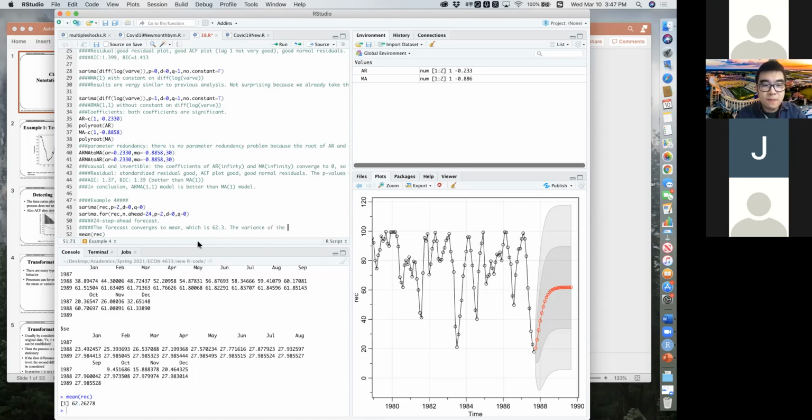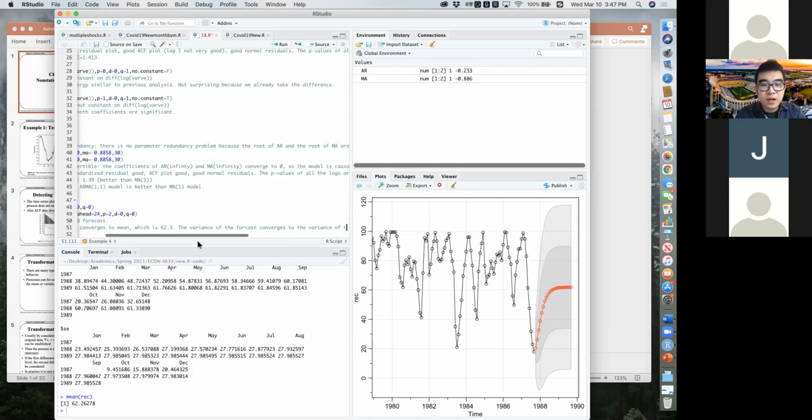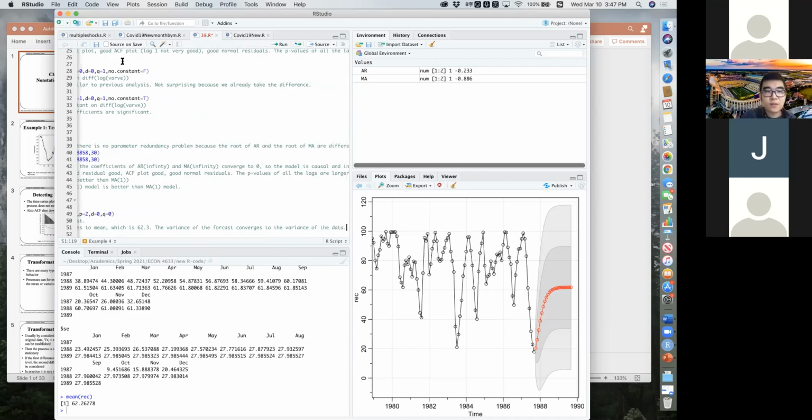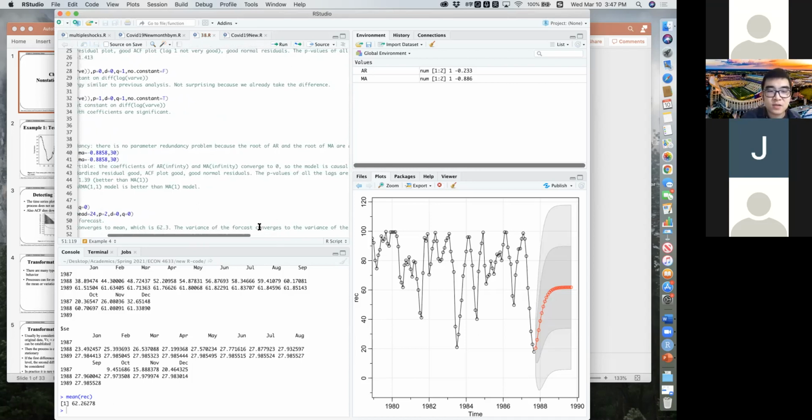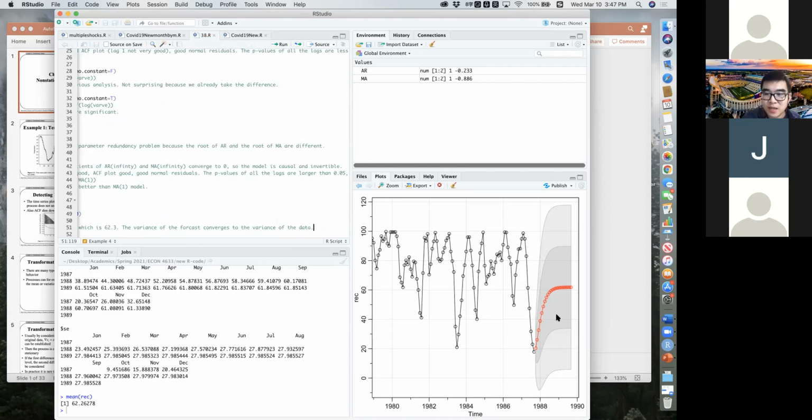And the variance of the forecast converges to the variance of the data. Again, this is also what the theory suggests. You can see that the confidence band becomes pretty consistent once the forecast goes to maybe after 12, the variance becomes pretty consistent.